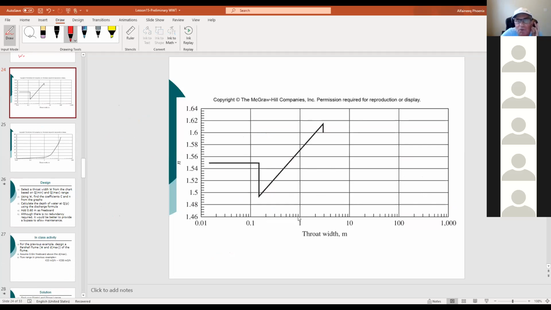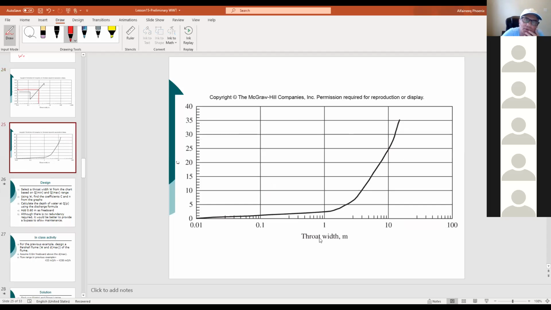Yeah, 0.91. Yeah, take this number from here, please. 1.57, that's N. Good. Take this number. 2.5, good. For C. Yeah, looks good. 2.5. Okay, calculate Q peak.